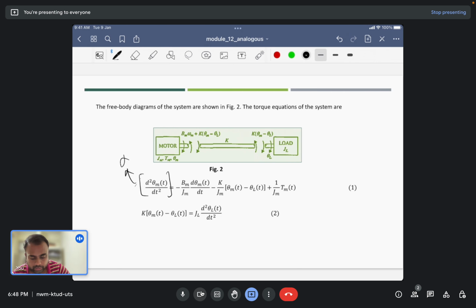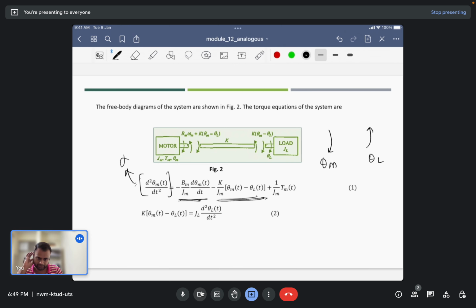So angular acceleration is equal to, this is the frictional part, minus Bm by Jm times the differential of theta by dt. This is the spring component part, where you can say the direction is opposite. Theta m is moving clockwise and this one is moving anti-clockwise.